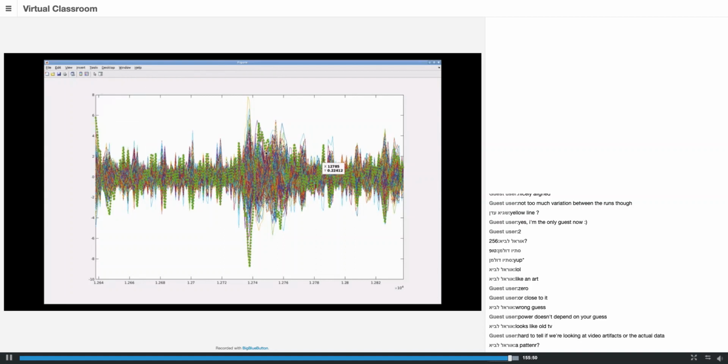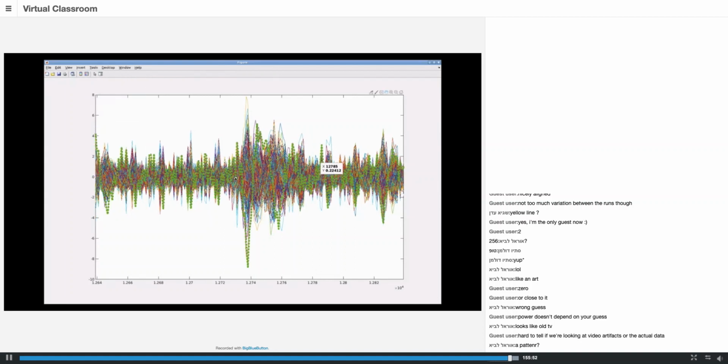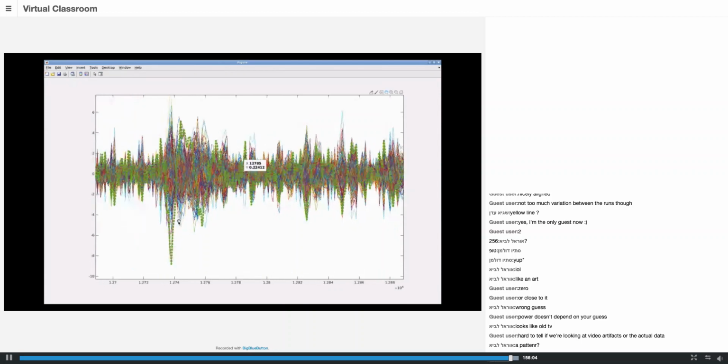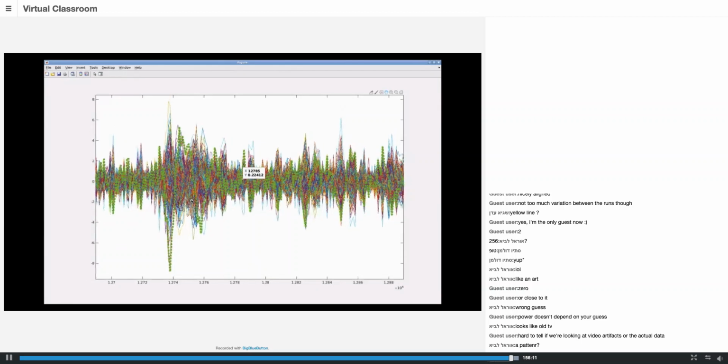If you're not at the correct time, you see that all the traces are more or less around 0. But at the correct time, the green trace has a really, really good peak. It's far away from the center. And you can also see there's a ghost peak here.